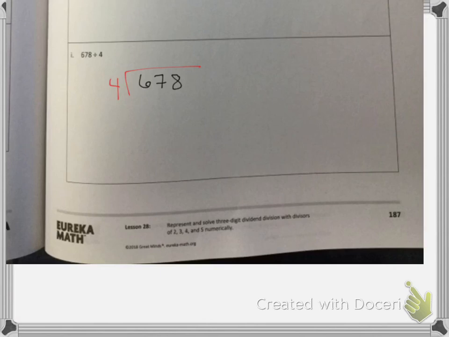Here you should easily see, yes, I've got 4 dots, which will make 1 group, and I've got 6 dots, so I can easily divide into this first digit. So this one, we can divide with the first digit. We don't have to go to the next one.